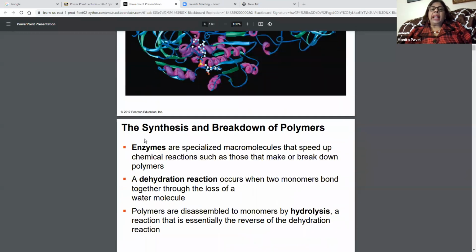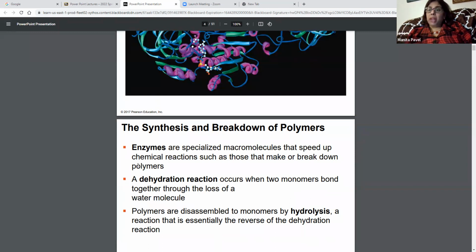So we're looking at the synthesis and the breakdown of polymers. How would these large molecules, namely polymers, be broken down into the simpler units called monomers? We have substances called enzymes. So what are enzymes? They are macromolecules, they are chemical substances.